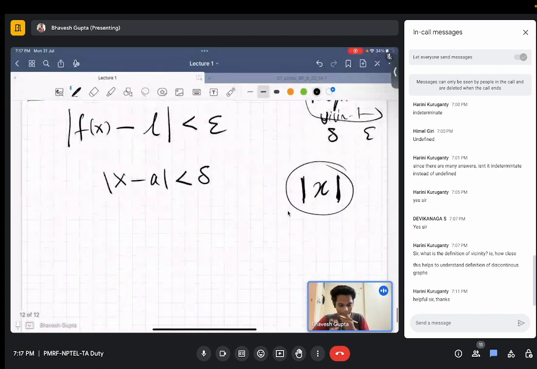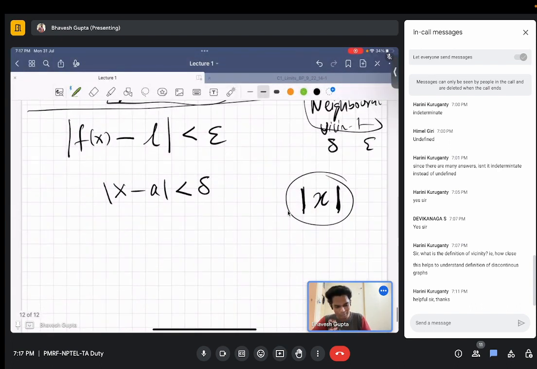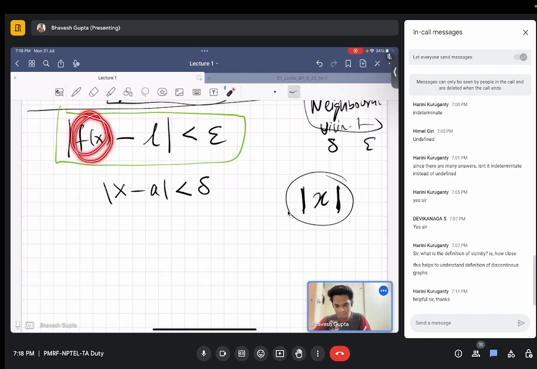So the idea is that this particular expression tells you the distance between the actual answer and the limiting answer. They are very small. And how do I say that they are very small?